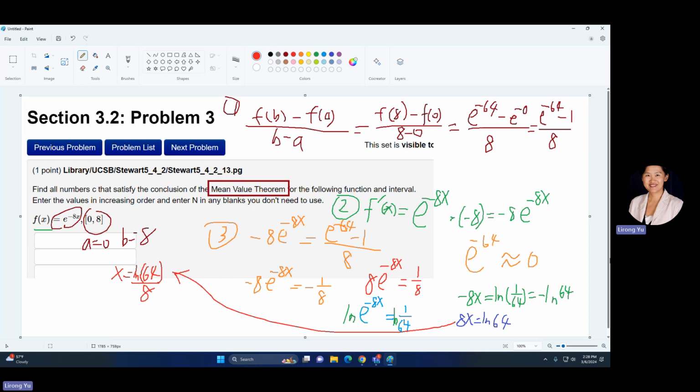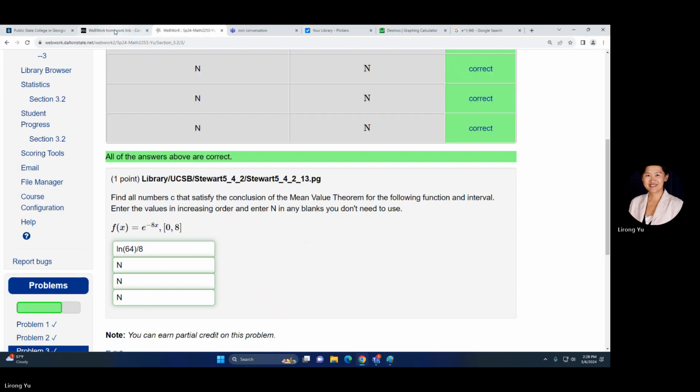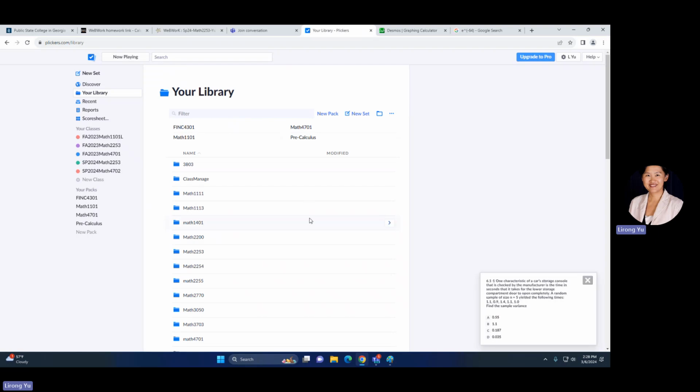So this is another mean value problem. We have mean values here for a trig function, I think it was cosine, for a polynomial, and for the exponential function. This is a practice question that I was going to do today.